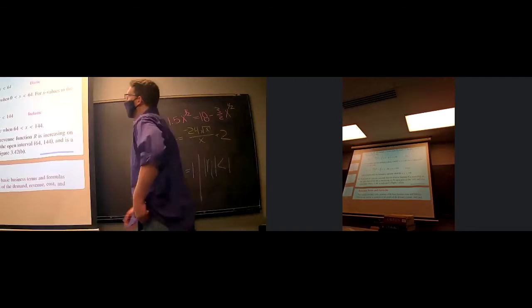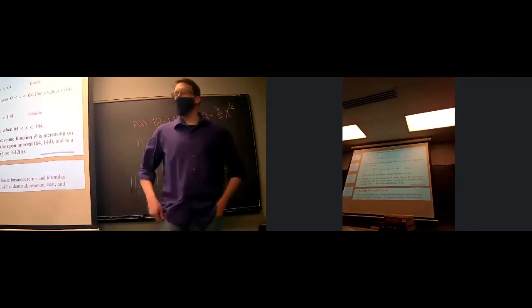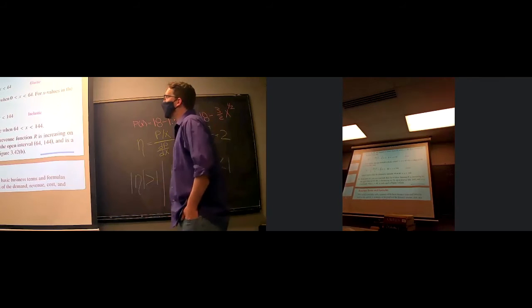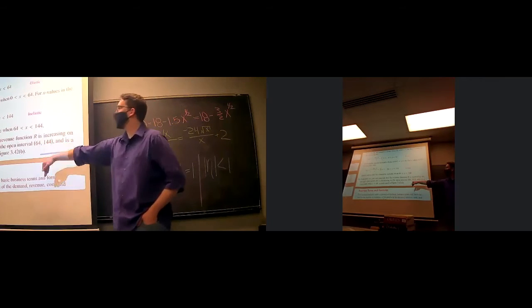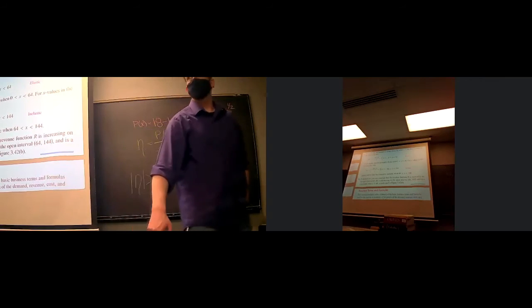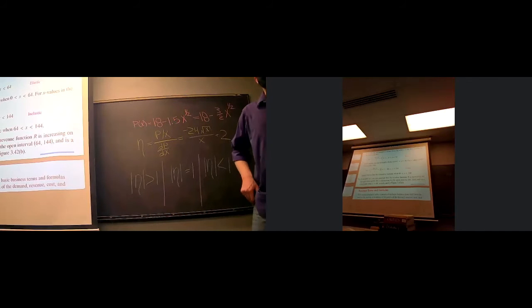What they're going to tell you is that we can determine on the open interval from 0 to 64, this thing is going to be increasing. And 64 to 144, this thing's going to be decreasing, these functions. Does that make sense? Which jives with what we were seeing in that graph.